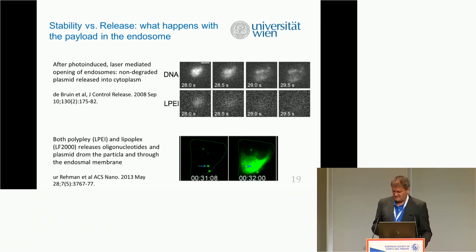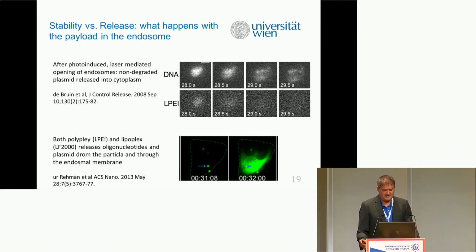After this induced vesicle burst, you can see here, this is the DNA, a kind of cloud of plasmid protruding into the cytoplasm. It's relatively slow, so it looks like it's non-degraded. And independent of it, you also have release of the polyethylenimine.